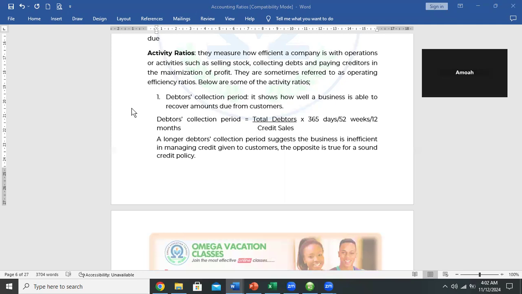Okay. But businesses put in steps to cushion the shock from bad debt. That is why there is this provision for bad debt. So as the years go on, they try to set aside some of the profit they make to cushion the losses from the bad debt. Okay, so bad debt can really collapse a business.